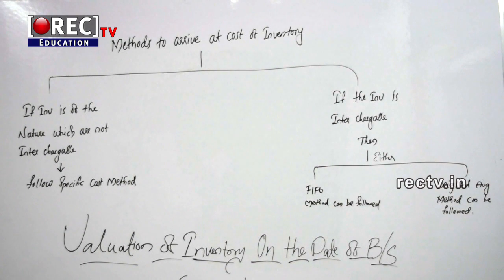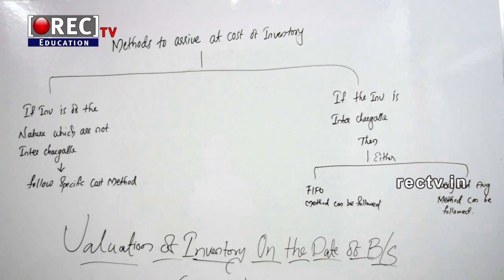Here the note is, India being an inflationary economy, AS 2 does not permit following the LIFO method. As we said, if inventory is of a nature which is not interchangeable, follow the specific cost method. One example for it is antiques. For antiques we follow the specific cost method.